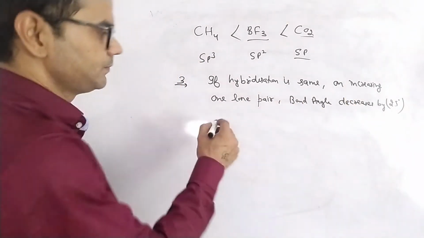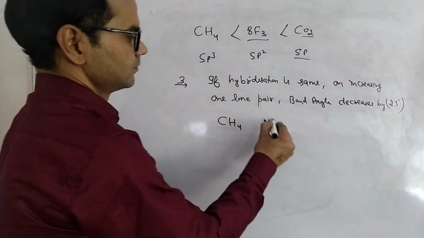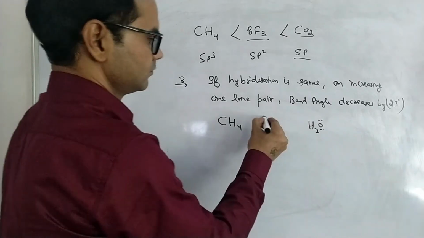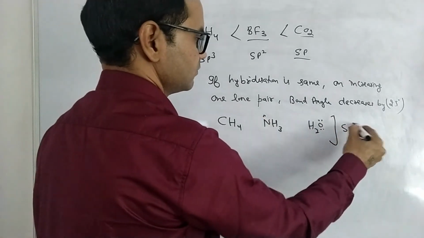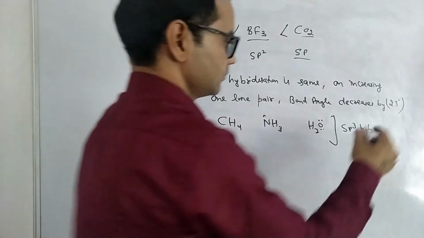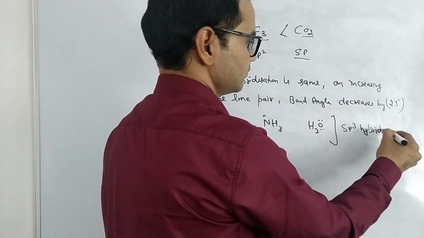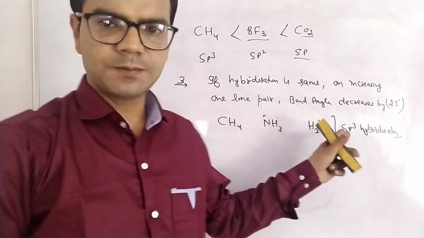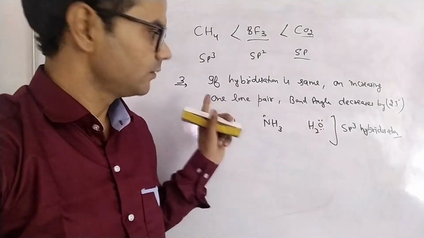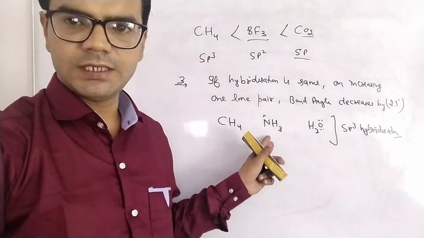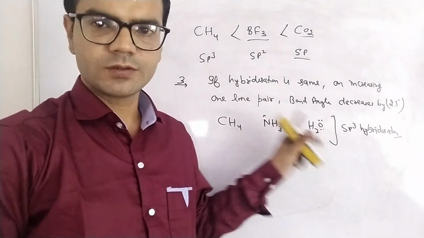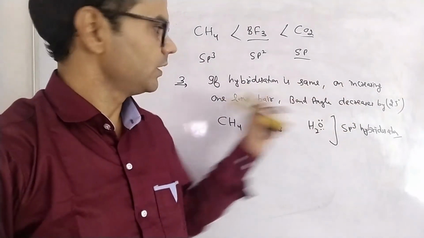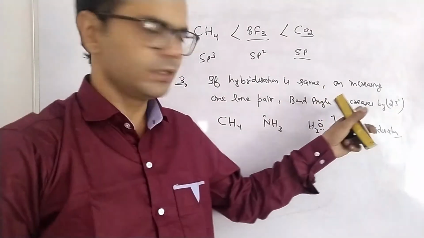For example, these three are sp3 hybridization, but what we can see, in ammonia there is one lone pair, in water there are two lone pairs. So on addition of one lone pair, bond angle decreases by 2.5 degrees.